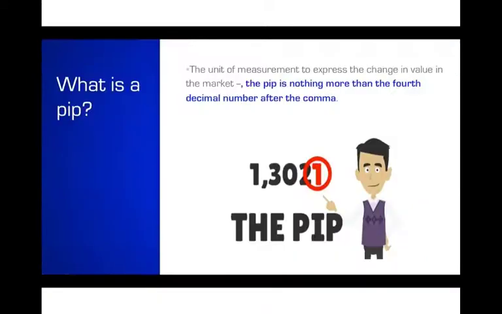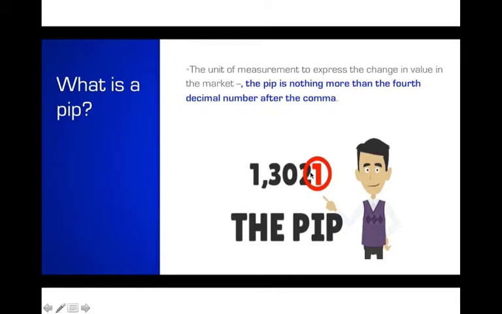So what is a pip? A pip is the unit of measurement to express the change in value in the market. The pip is nothing more than the fourth decimal number after the comma. So when you check out your MetaTrader 4 app, you will see numbers like this on the right beside a currency pair.